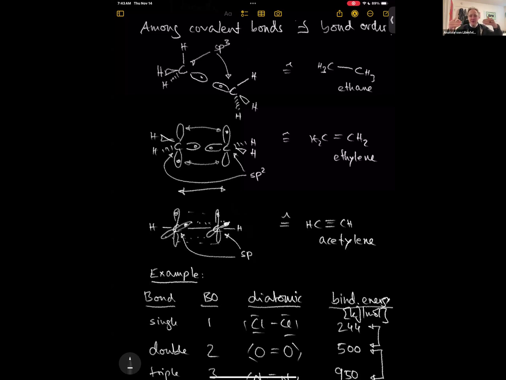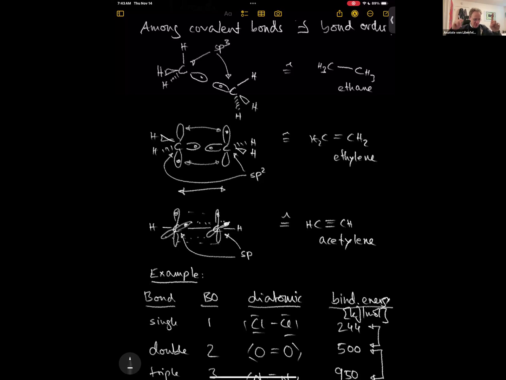So there's no double bond without the single bond in between the atoms. And so if your atomic radius is larger, the perpendicular p orbitals, so these would be 3p, right?